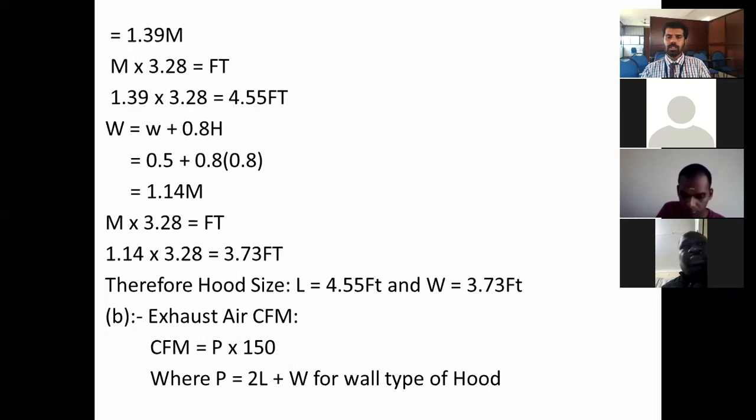Small w means the width of the stove and h is the height between the kitchen hood and stove. So from that we will be getting the size of the kitchen hood. So if you get a stove, according to the length and the width of the stove, we can find the length and width of the kitchen hood.